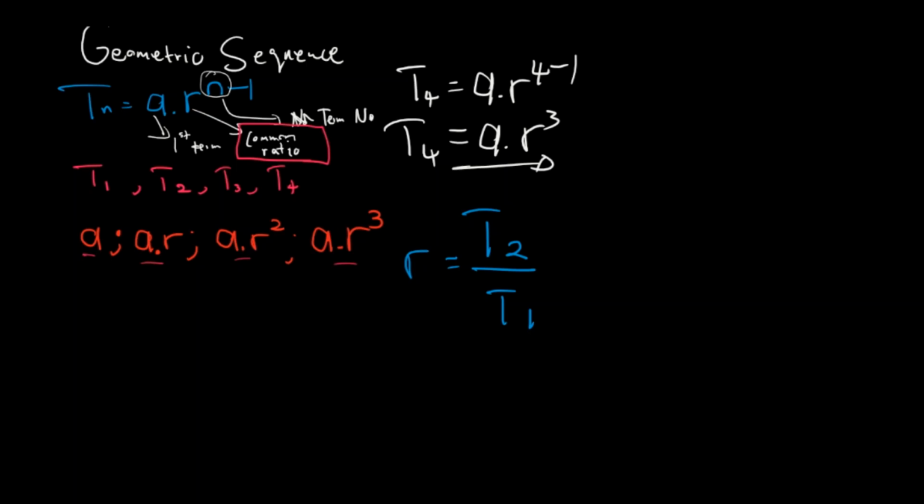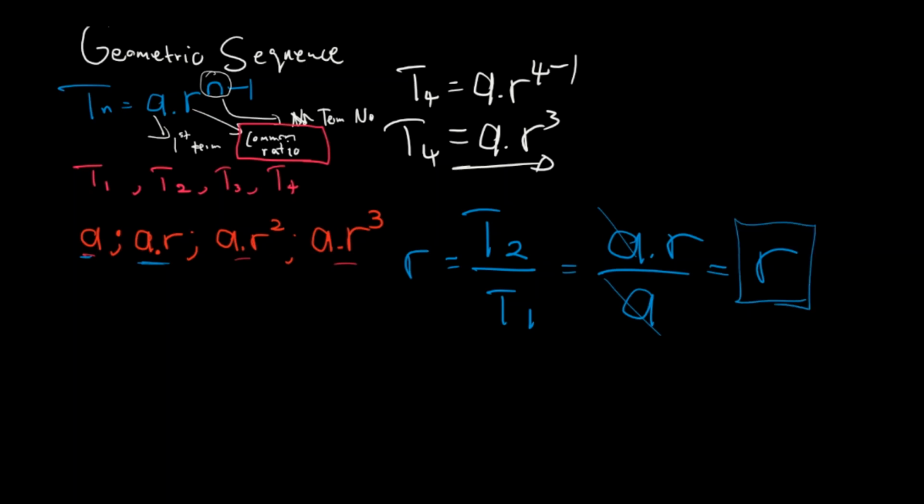Term number 2 is ar, so it's a multiplied by r, and term number 1 is a. So this a will divide out, and you remain with r. That is your common ratio.